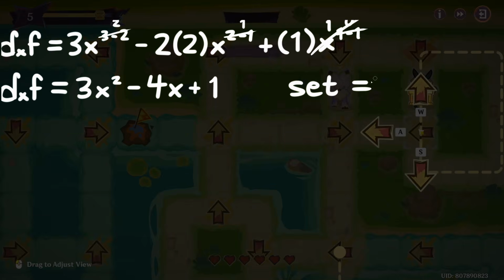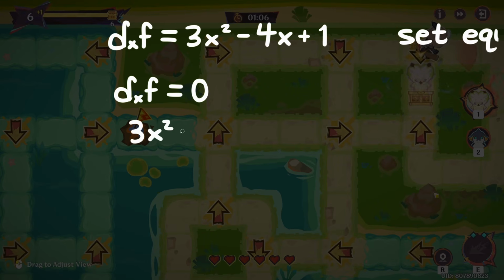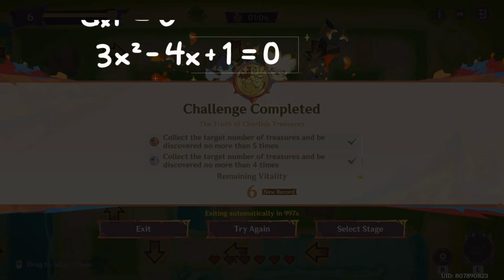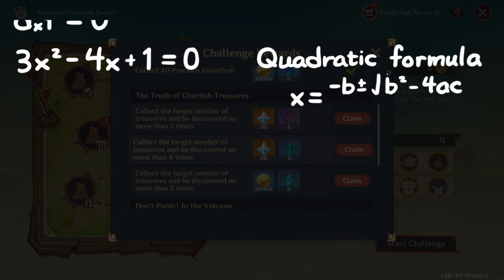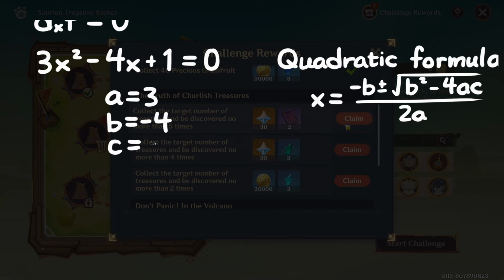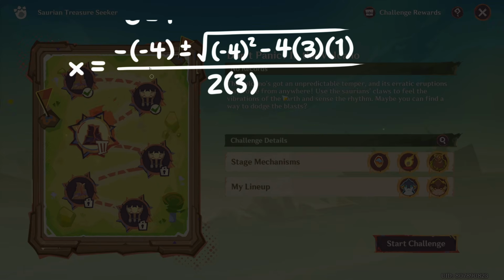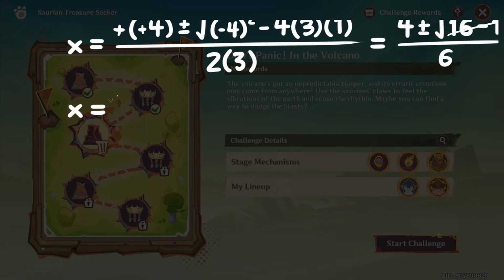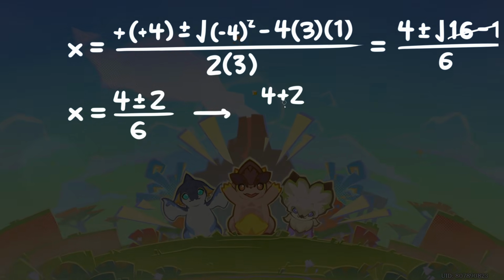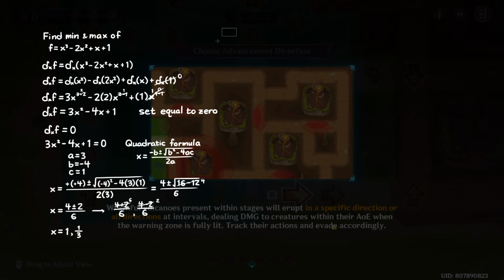Next, we set this equal to 0 and solve for x. In this case, we need to make use of the quadratic formula. In the end, we get x is equal to 1/3 and 1.